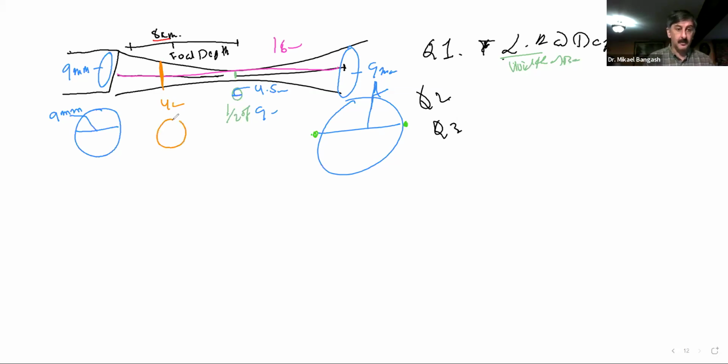What will be the supposed width of the beam at this point? We will not be able to accurately say that, but the one thing we should be able to say is that it's going to be a number at least less than 9 millimeters, but greater than 4.5 millimeters.